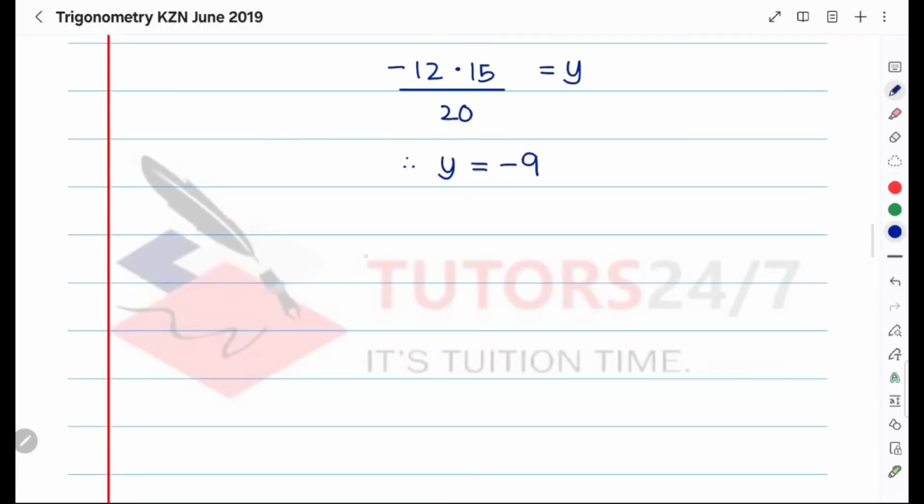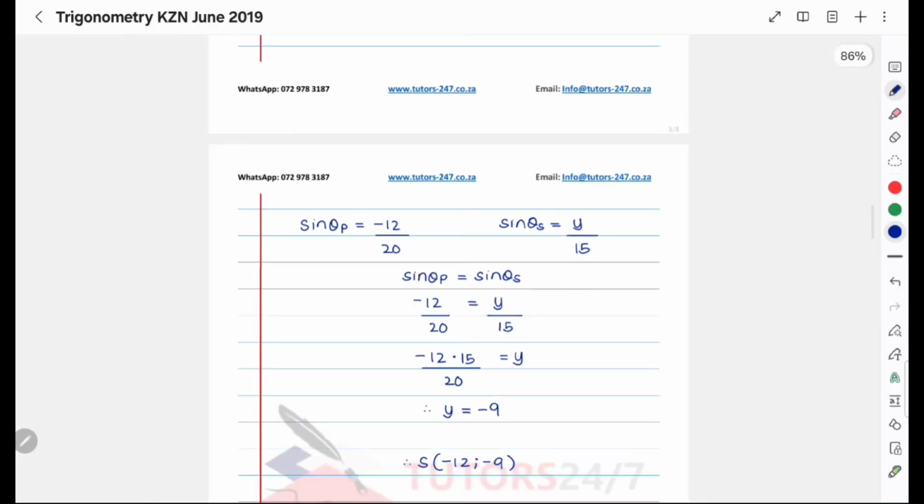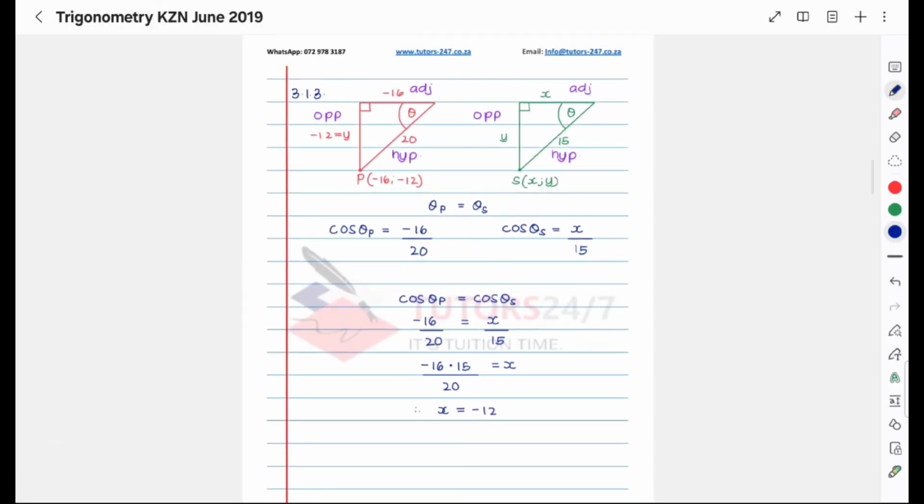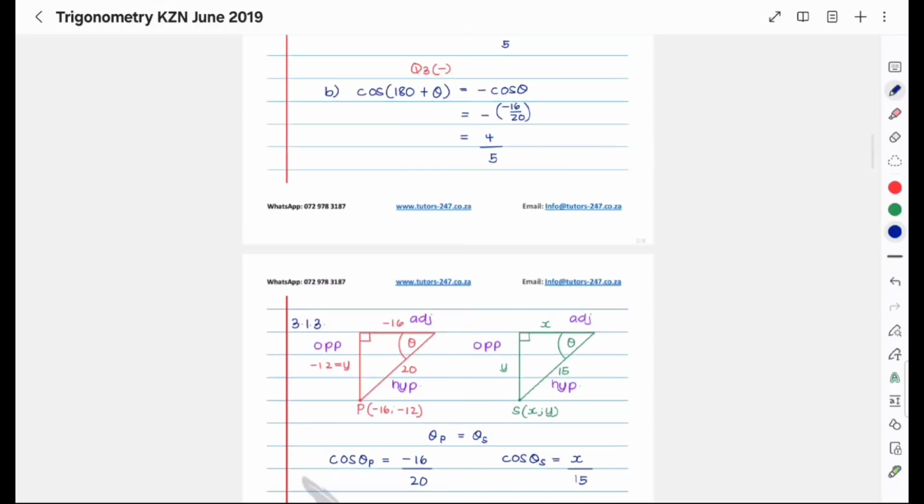From here, we can conclude that the coordinate of S is negative 12 and negative 9. And that is it. All we needed to do was understand that the angle theta for both triangles is the same. From there, we were able to connect the ratios and solve for x and y.